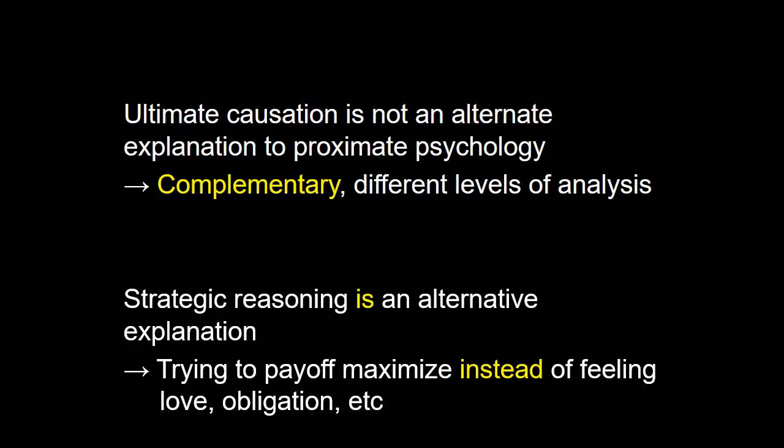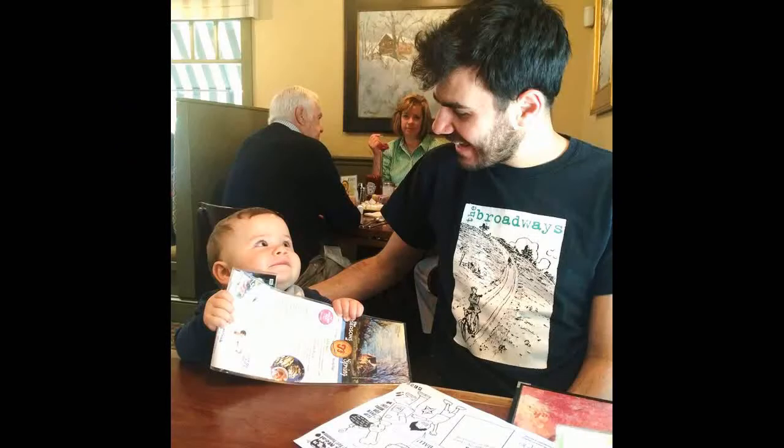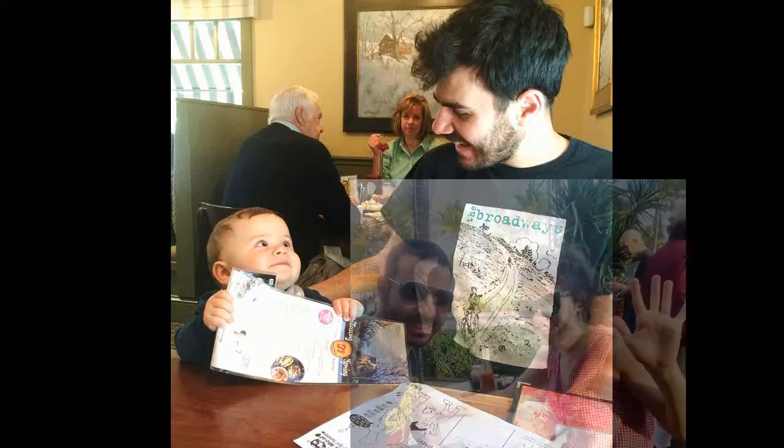I basically said this, but just as an excuse to show these cute pictures again, I do really love my son. I feel this really deep emotion, and there's also the fact that if I didn't take care of him, my wife would get really pissed at me, and therefore there are also strategic motives to take care of him.